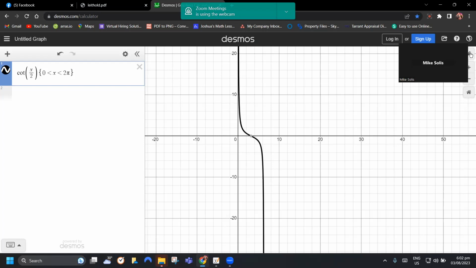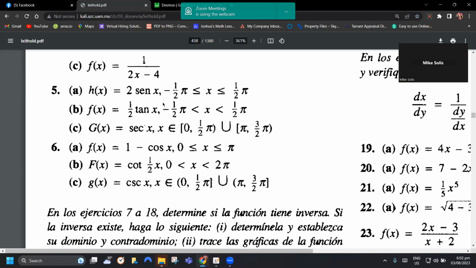So, pakigraph sa Desmos yung 6C. CSC. Dapat parang ganun din po siya. 0 to 1/2 pi.